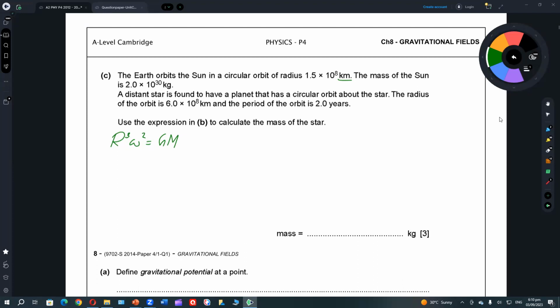You can write the formula with 1 the first time, and the formula with 2 the second time. But I have to see that they haven't given me the angular velocity. Instead, they had given me the time period. So I will use the formula omega is equal to 2 pi upon T.